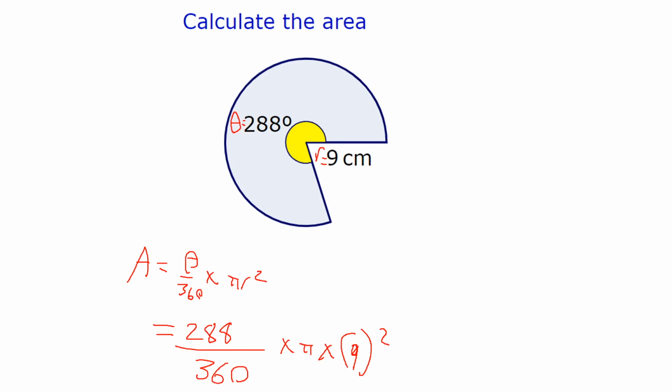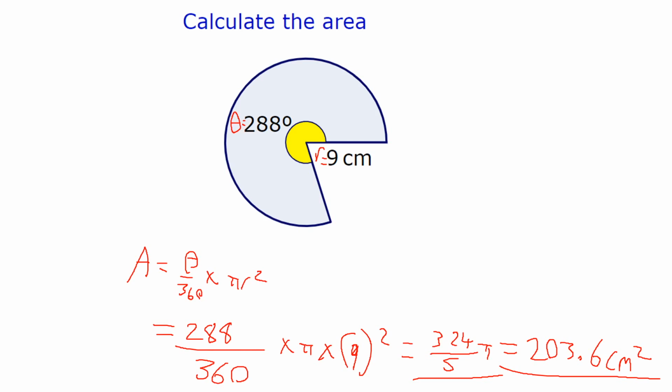And when we put that in our calculators, we get 324 over 5 pi, or, to you simpletons, 203.6 centimeters squared. In non-calculator, they will probably ask you to put it in exact form, so in terms of pi. In calculator, they'll probably ask you to 1 decimal place, so please read the question.